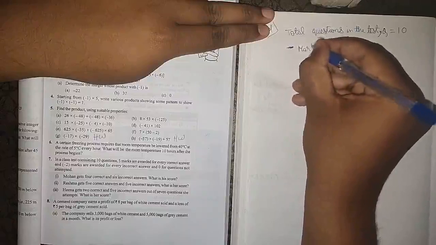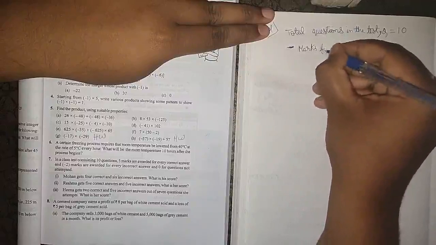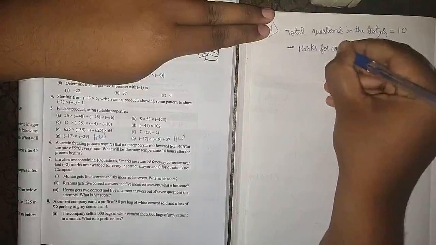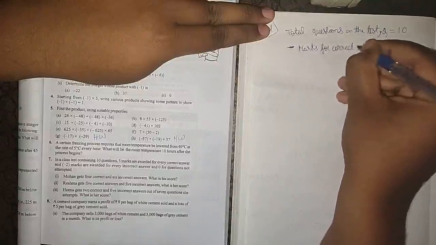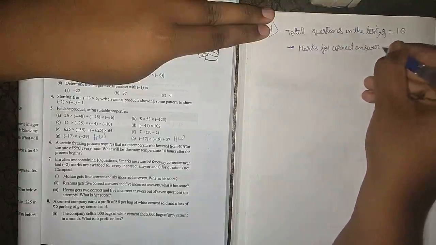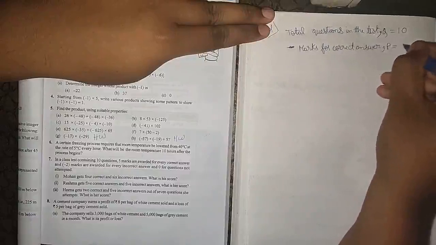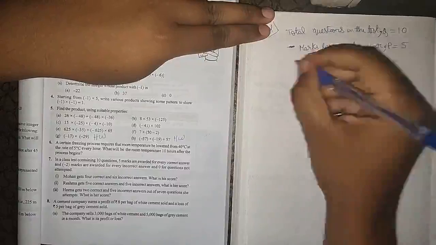Marks for correct answer is, I'll take it as P. It is 5 marks.